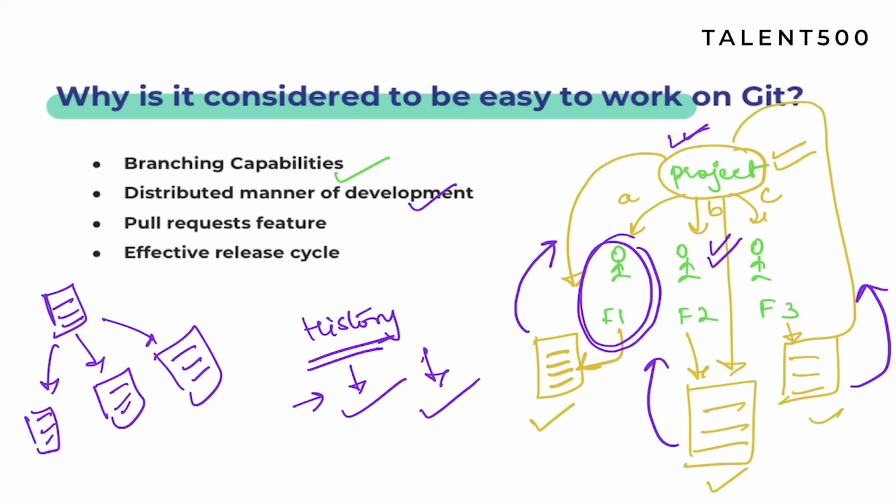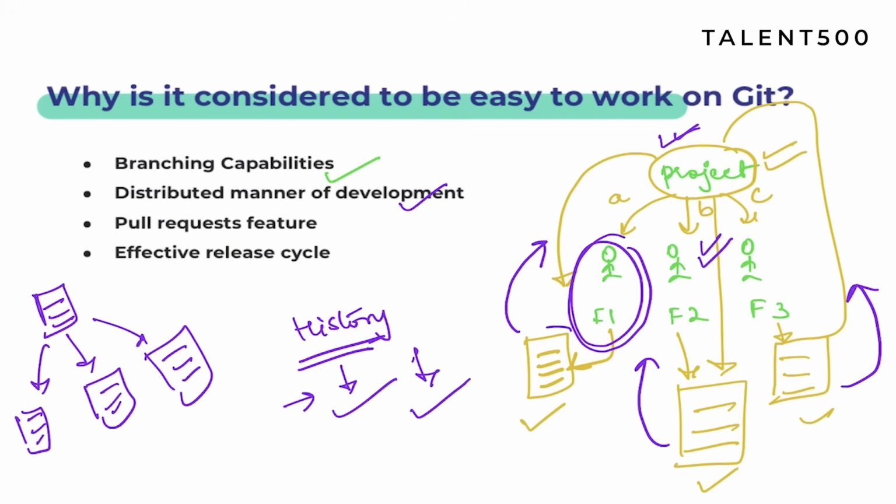Like I was saying, this person is going to be maintaining a copy of the project. This is called your local repository because now it is available on your developer's system. And just because Git offers all of these things, we can say the entire project's scalability has been improved drastically.